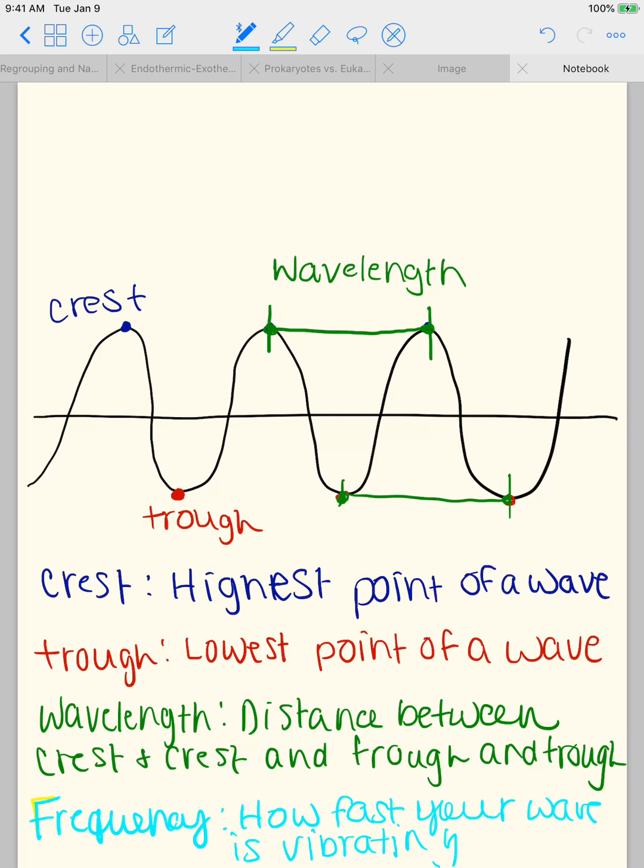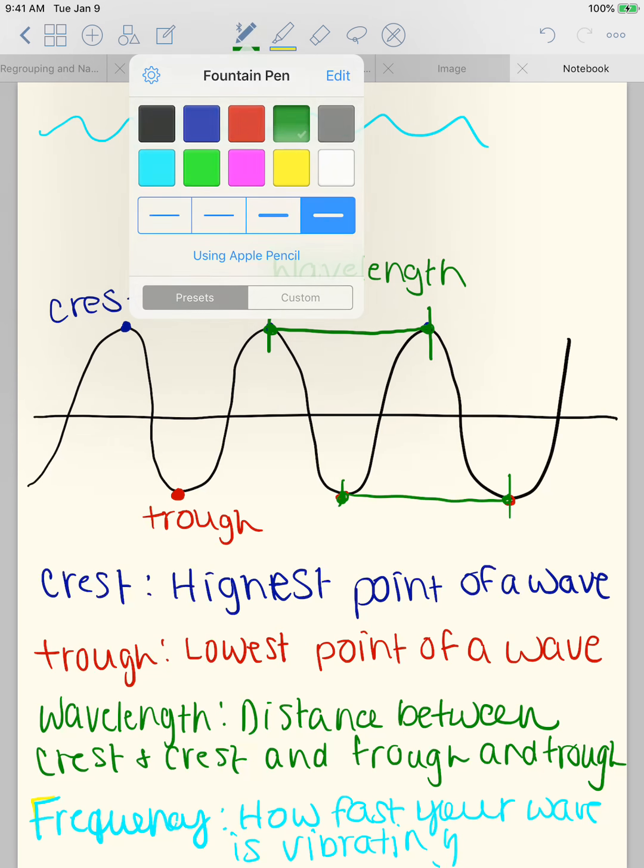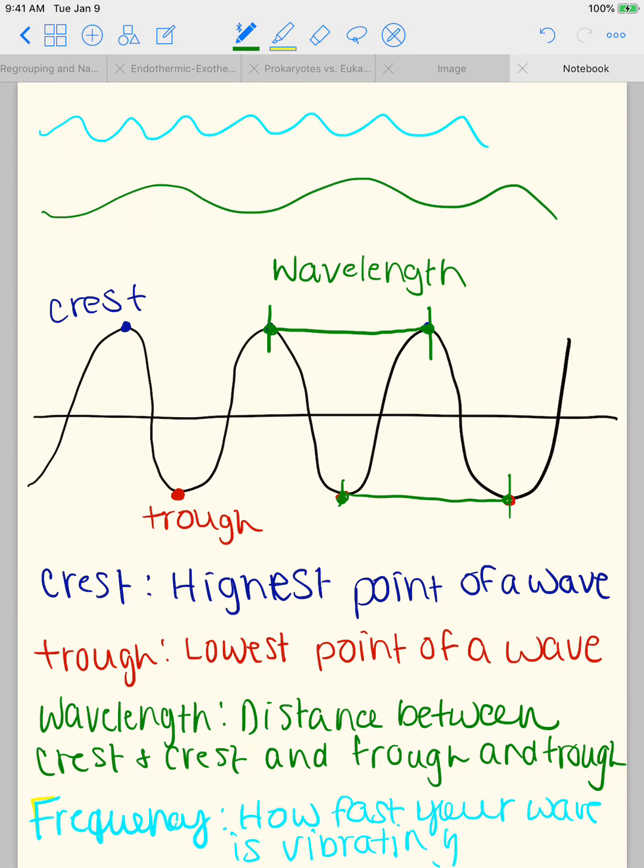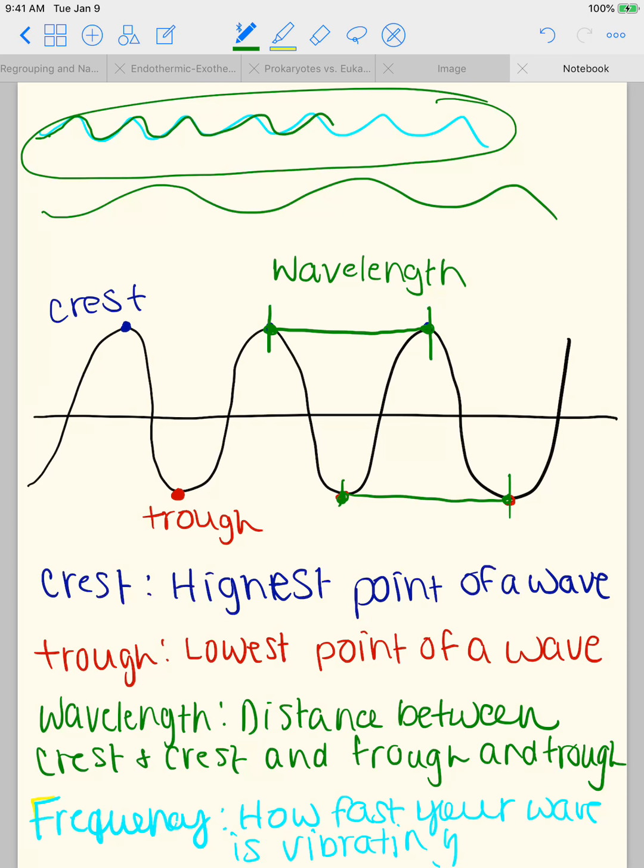So if we look at this wave versus this wave, the blue wave is going to have a much higher frequency than your green wave. So if you look, it is traveling at a much faster pace. It's vibrating a lot faster than the green wave.